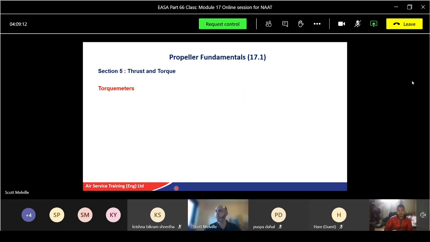So let's move forward. I'm going to start speaking about torque meters. Let me get onto the right bit first. All right. Now, if you've done module 15 first, we've really covered torque meters already. But going back, we'll do torque meters, and then you'll speak about torque meters again in 15.